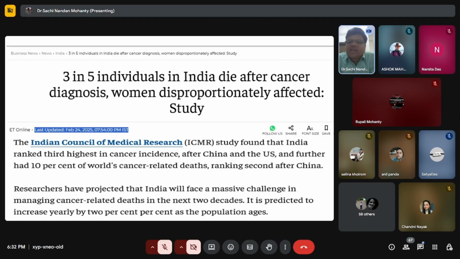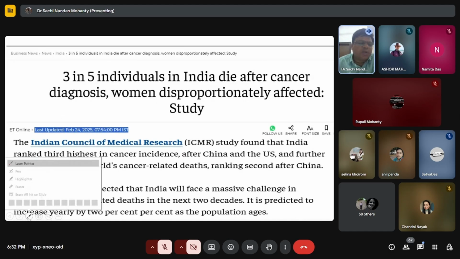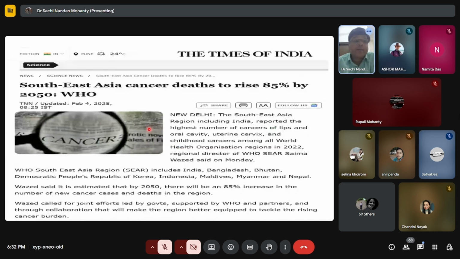This study was published recently, in February 2025, just a few months ago, and it is called the ICMR study.